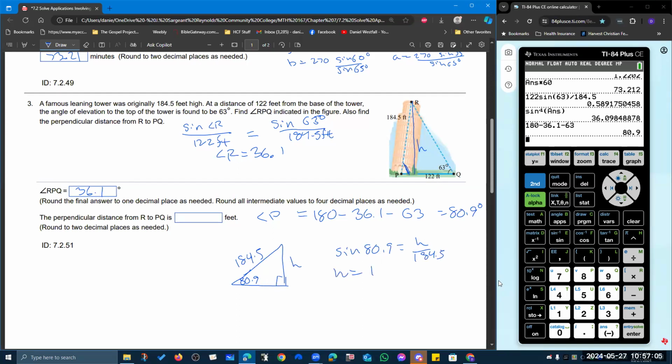So h is 184.5 sine of 80.9. 184.5 times the sine of 80.9, I get 182.18 feet.